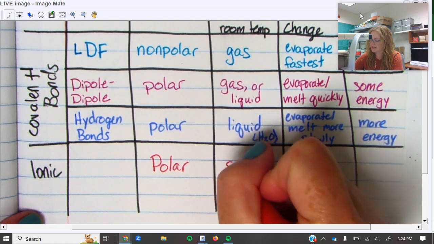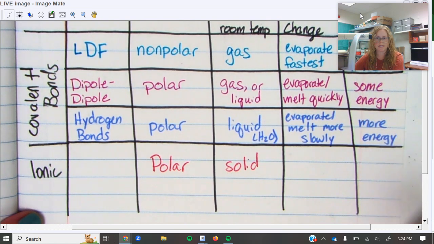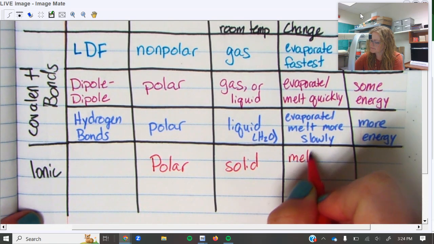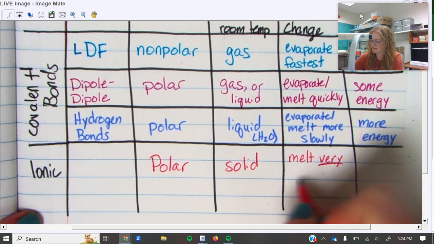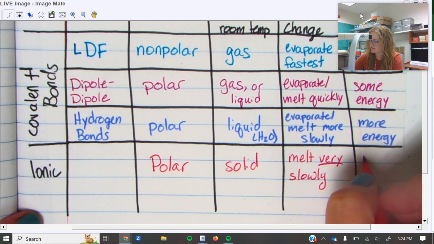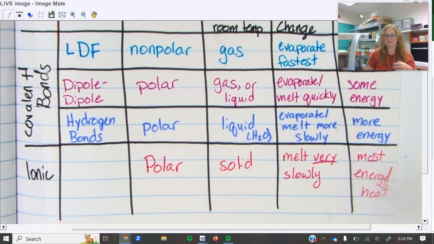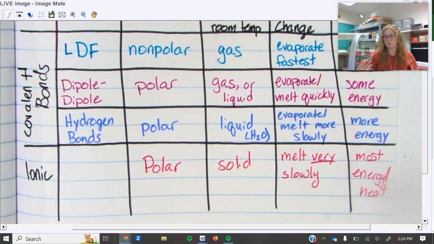And they're solid at room temperature. We talked about that back when we talked about their properties. They melt very slowly and require the most energy/heat in order to get that ionic solid to melt.